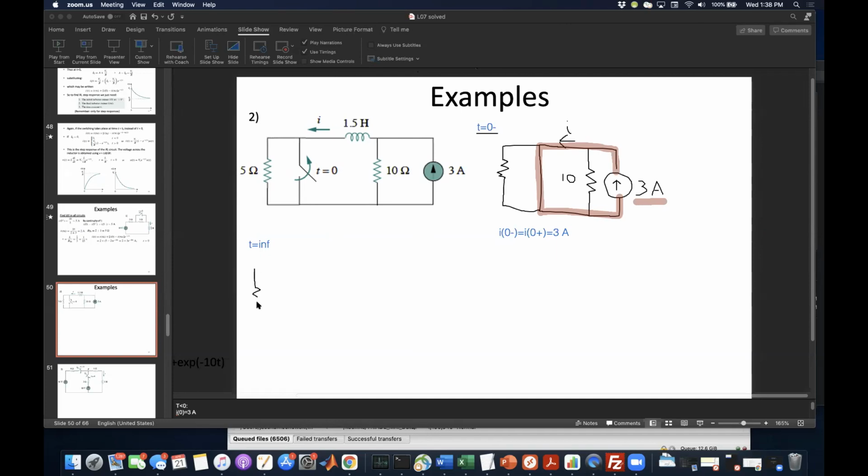So the circuit will have the 5 ohms, the short circuited inductor, and the current source is still there.